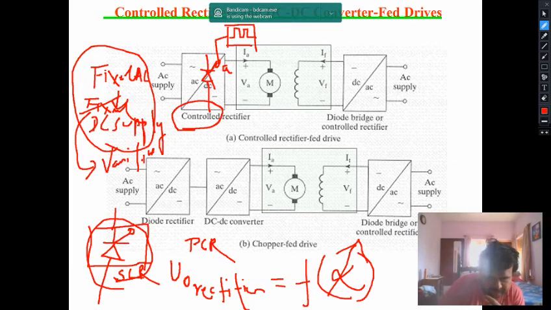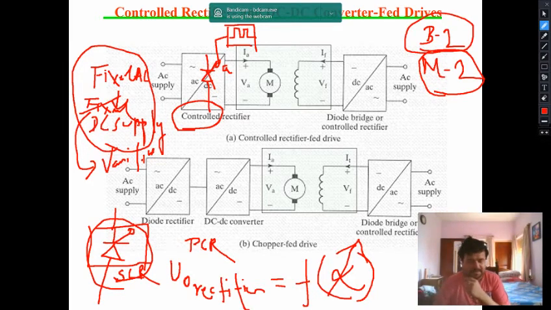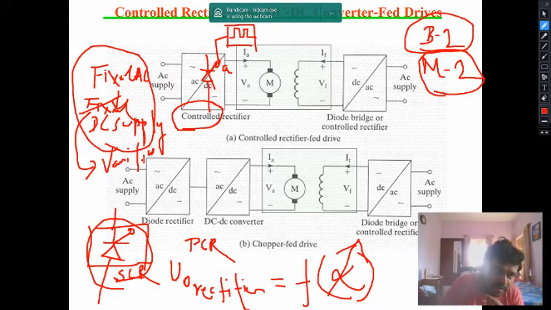There are two configurations: the B2 arrangement and the M2 arrangement. M2 is the midpoint type of rectifier and B2 is the bridge type. So not only are you converting fixed AC to DC, you are also making the DC variable. That is our point of concern.